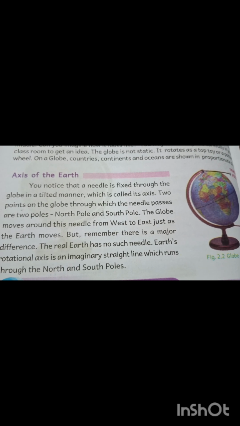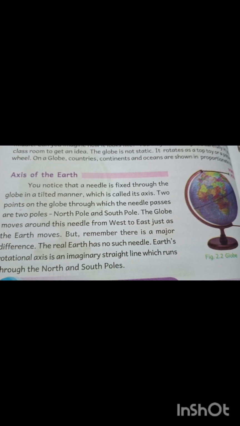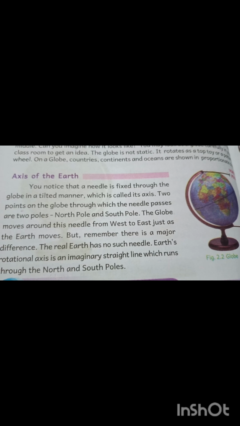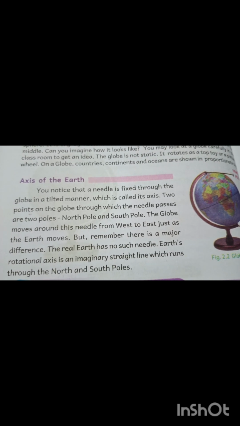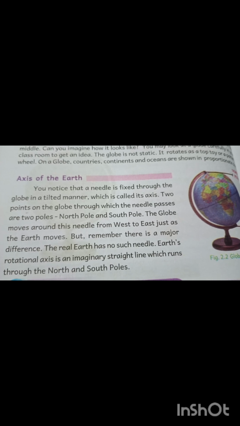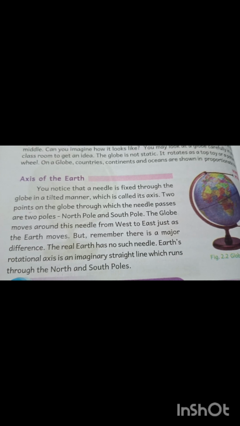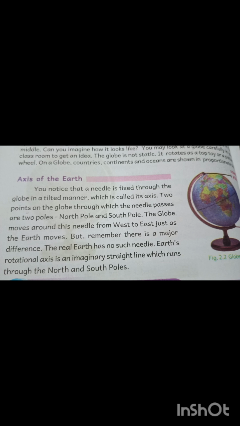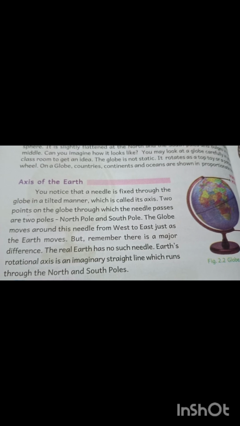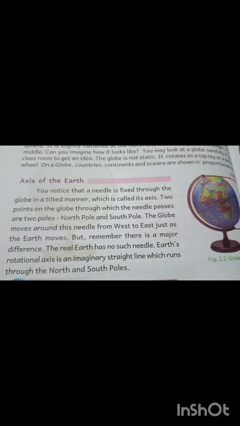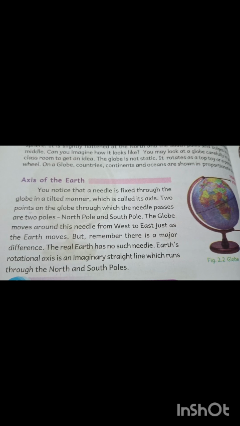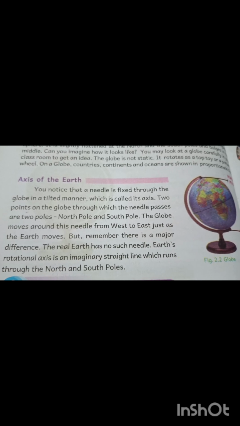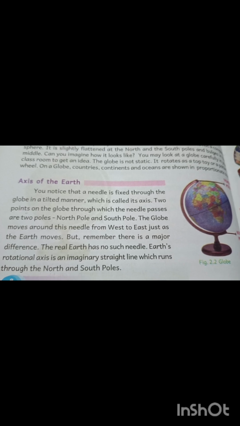The globe moves around this needle from west to east just as the earth moves in the solar system. But remember, there is a major difference. The real earth has no such needle. Earth's rotational axis is an imaginary straight line which runs through the north and south poles.